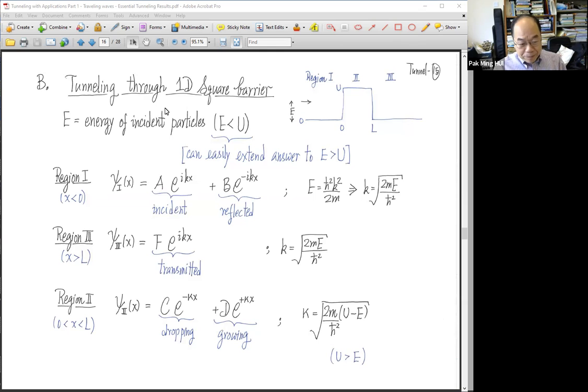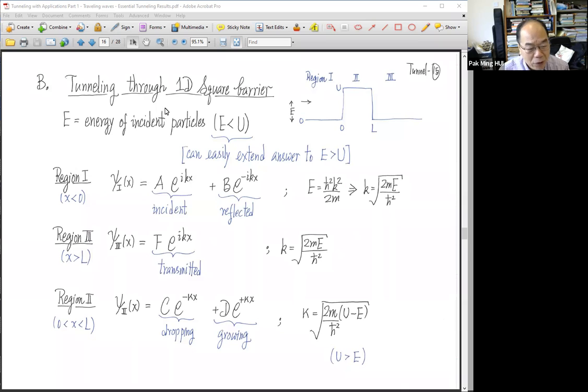So last time we introduced the idea that when we want to consider tunneling, we need to know how to describe something that is traveling. And we know how to write down traveling waves. But coming with traveling waves, there is an issue about how to properly normalize those wave functions. I also introduced a few ways to normalize them.